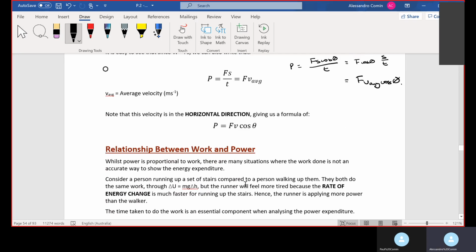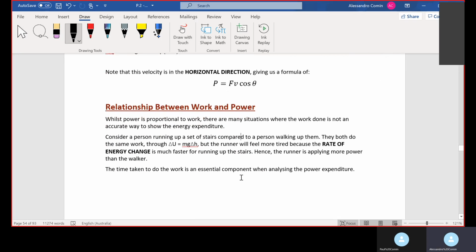So what is the relationship between work and power? Work is a measure of the change of energy, but power is a measure of the change in energy over time. An example would be a person walking up a flight of stairs compared to a person running up a flight of stairs.